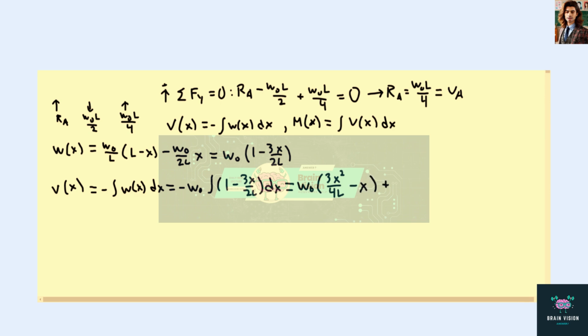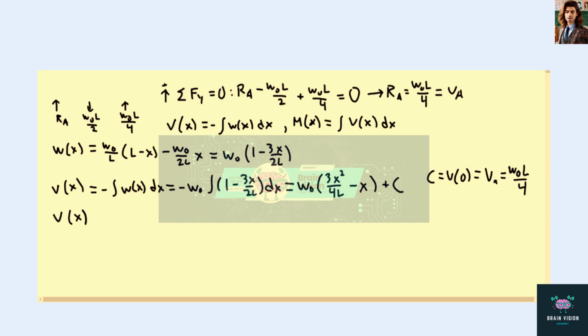And we have our integration constant C. And we know our C should be, according to VA, C equals V of 0 equals VA equals W0L over 4.